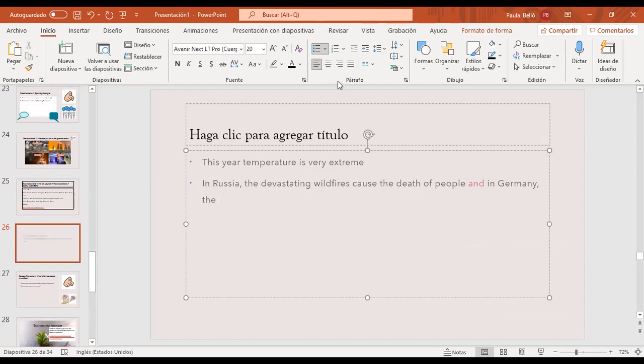So not a bad flood or a terrible flood, but a catastrophic flood, yes? Destroyed many homes. Excellent, yes.